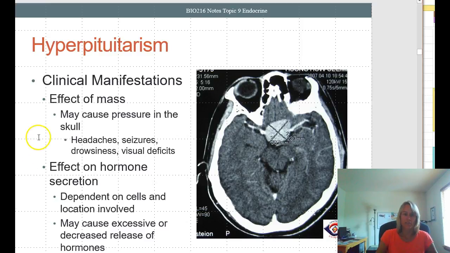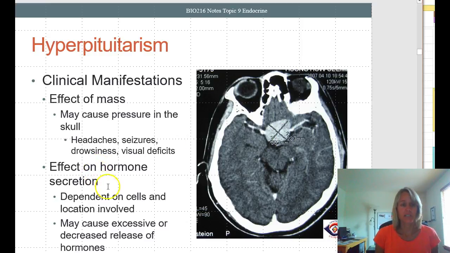So the clinical manifestations are related to the effect of the mass and the effect of the hormone secretion. If we have this large tumor here in the pituitary, as for the effect of the mass, it's growing inside a rigid skull. This can cause headaches, seizures, drowsiness, and visual defects. If you look where the anterior pituitary is, it can cause problems at the optic chiasm and lead to visual defects.